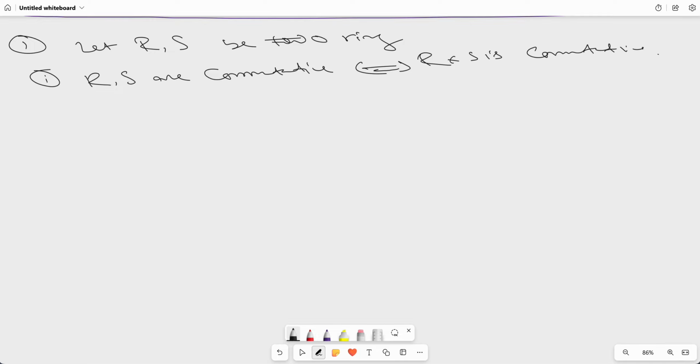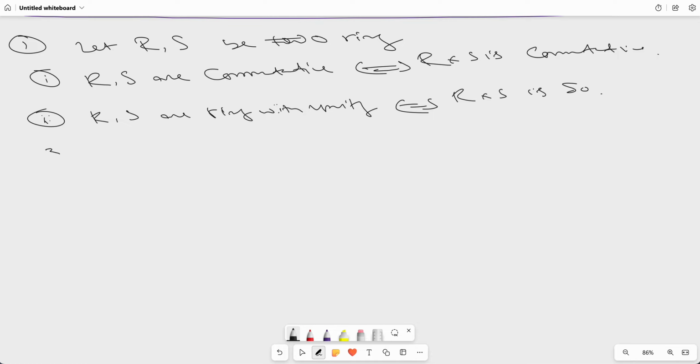Okay, very easy to prove. Second, R and S are rings with unity if and only if R cross S is.